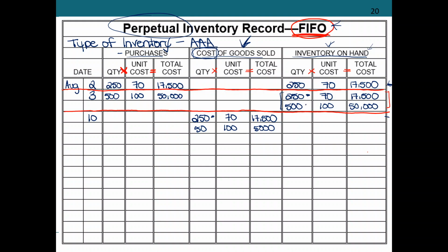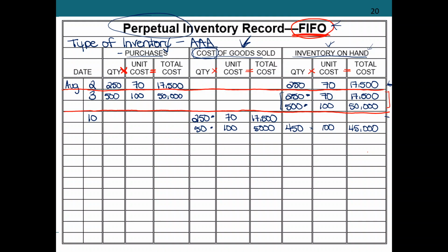Then we say, well, we had 500 of $100. We sold 50, so we are still left with 450 of the batteries at $100. And we multiply those, so the 450 times 100, we're left with 45,000. That's our ending inventory after this transaction.